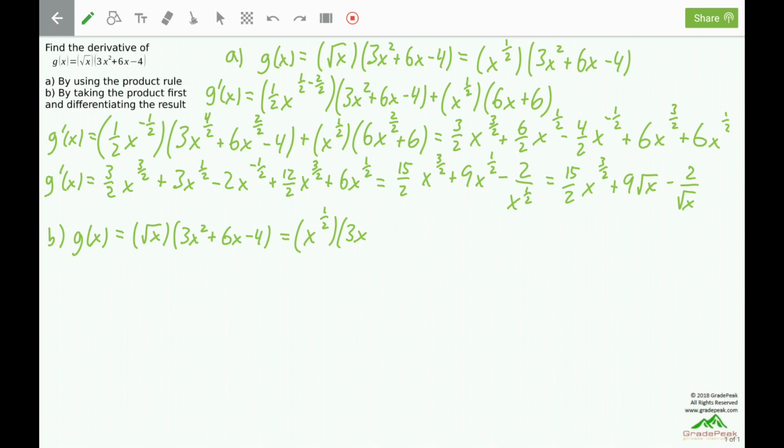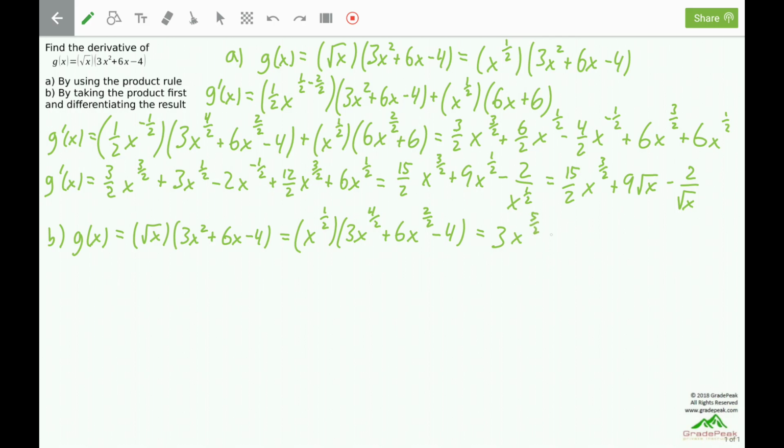Since I'm going to distribute this in, I'm now going to rewrite 3x to the 2 as 3x to the 4 halves, and the 6x to the 1 is 6x to the 2 halves, minus 4 doesn't have an x with it. That'll make it easier to distribute because we add exponents. The first will be 3 times 1, which is 3, x to the 1 plus 4, which is 5 halves.